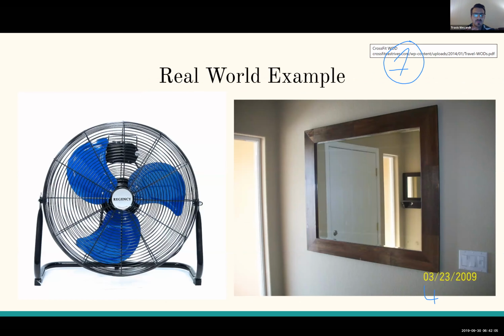Some real world examples would be, with rotation, I kind of came up with a fan, right? A fan has three objects. If you look over there, it has three objects that are similar, that are being rotated in a continuous fashion. So as that happens, we're able to get blown air at us, especially during the summer months when it's very hot and it cools us down. But if you notice, the objects are the same, but they're in a continuous rotation, creating that air for us.